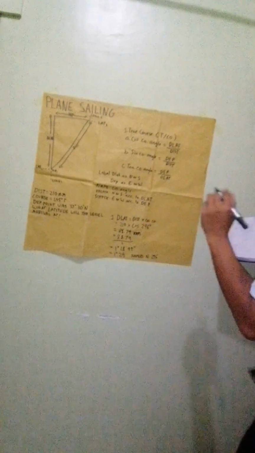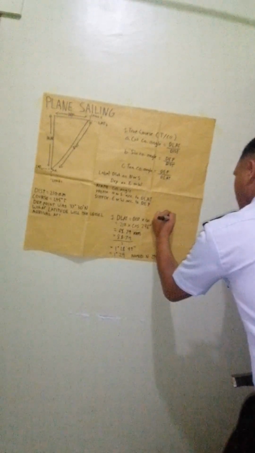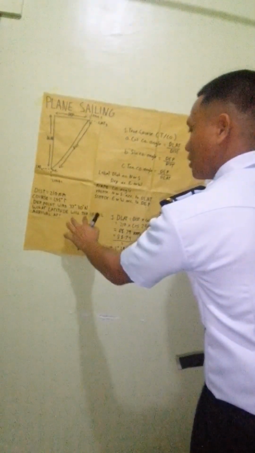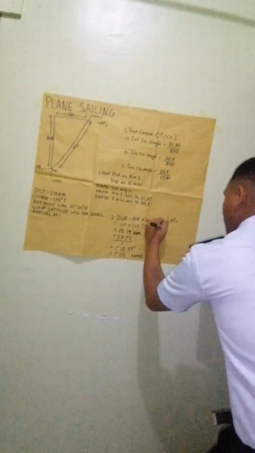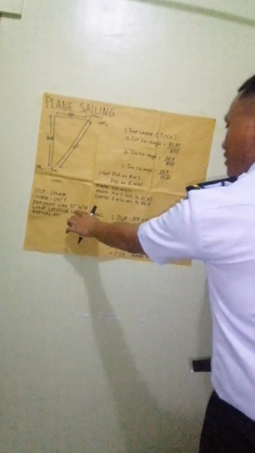The second one is to find the latitude 2, because the question in the problem is what latitude will the vessel arrive at. We must find latitude 2 because latitude 1 is given.